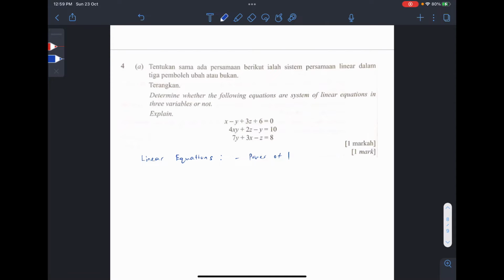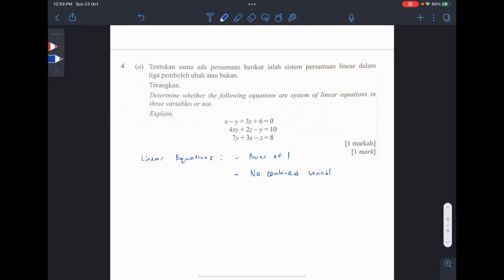The second thing is you can't combine the variables. The x, y, z, a, b, c, the alphabets, basically variables. You can't have them combined. It needs to be separated by itself. So I'm just going to write it down here: no combine variables.